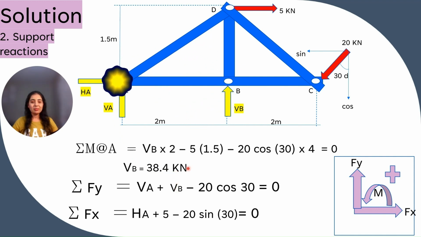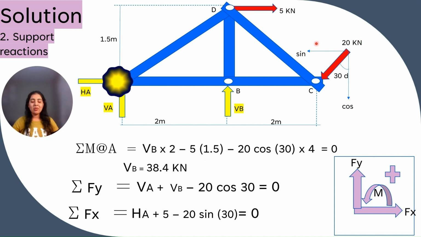Now this 5 kilonewton force at joint D is producing a clockwise moment. So negative of 5 into 1.5, the distance being 1.5 meter.